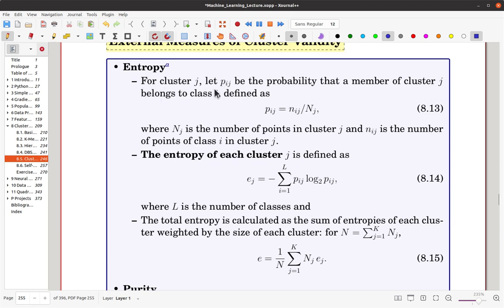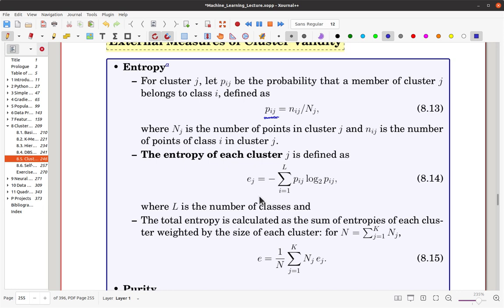For each cluster j, p_ij is the probability that a member of cluster j belongs to class i. By using the external ground truth labels, you can decide p_ij. And here we combine this p_ij in this way. That is called the entropy of cluster j.